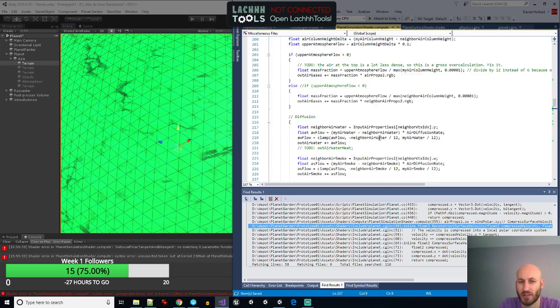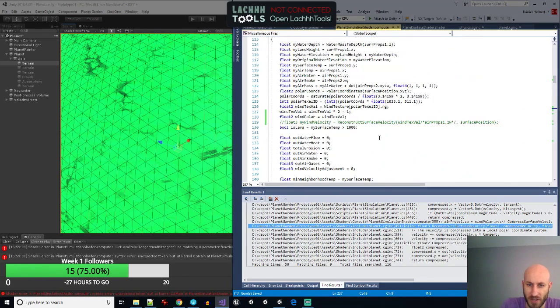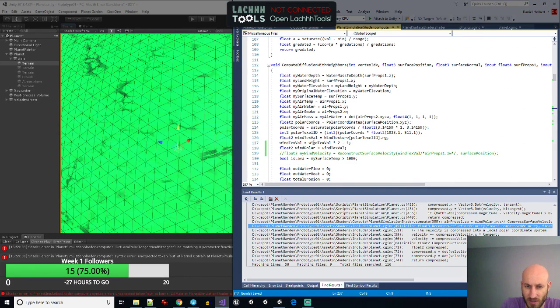So right now I'm using all that fake wind, but I want to get rid of that fake wind from the texture and say that it's this guy right here, which is actually my simulation value, which should start off at 0.